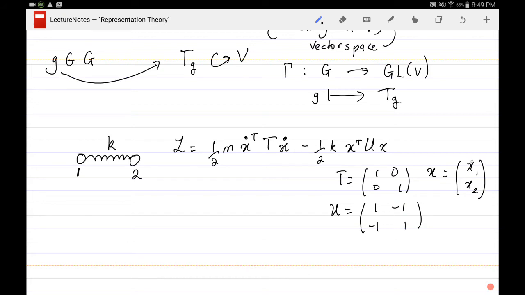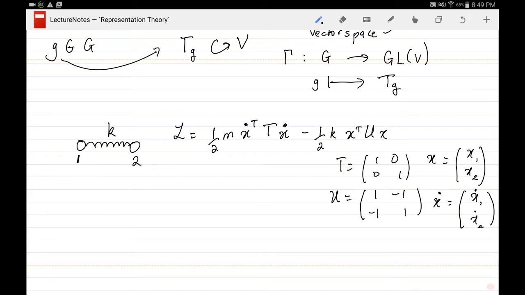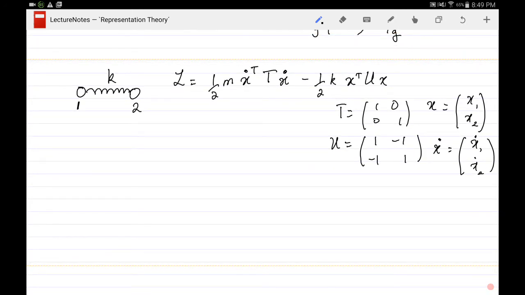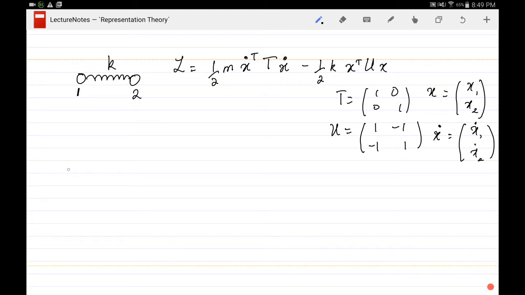This is the position for the first mass, position for the second mass, and of course x dot will be x1 dot and x2 dot. So there's a reason I'm writing things this way, which I'll state more in a moment. But let's write the Newton's law version of this.